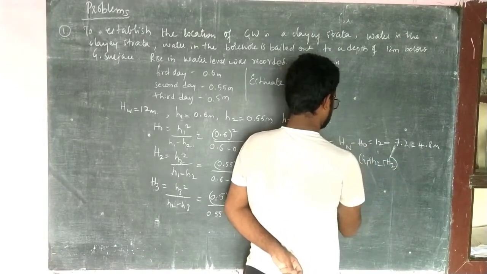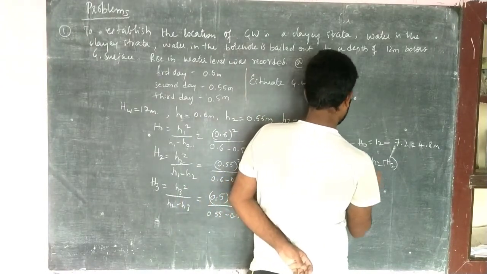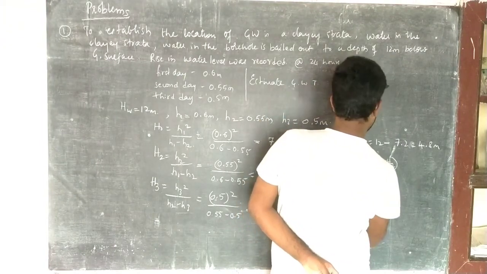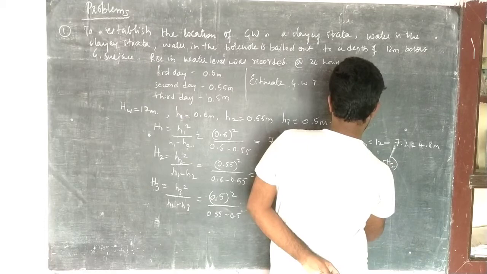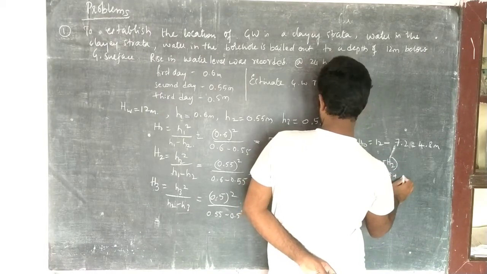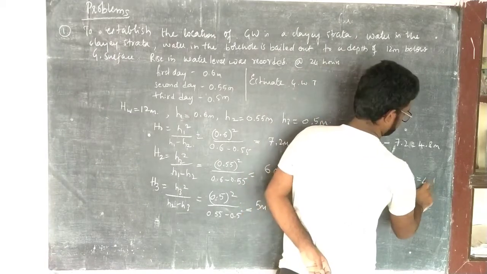So what is this? HW is 12 minus h1, which is 0.6, plus 0.55, plus capital H2. So if you do this, the answer is 6.05.